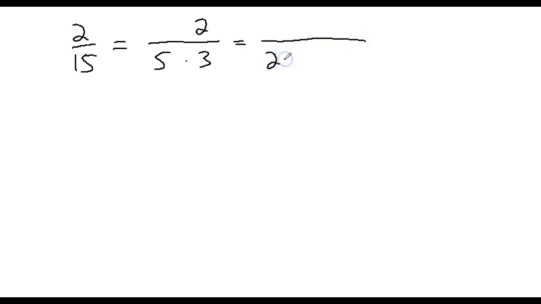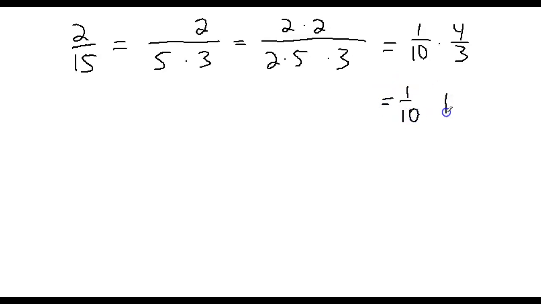So if we throw in an extra 2, then we have to throw in an extra 2 on top, and that's 2 times 2. Now, this is the same as 1/10 times 4/3. 1/10 is great because it's accomplished by just moving the dot. 4/3 is 1 and 1/3, so this is 1/10 of 1.3 repeating, which means it's 0.13 with the 3 repeating, and that's 2/15.